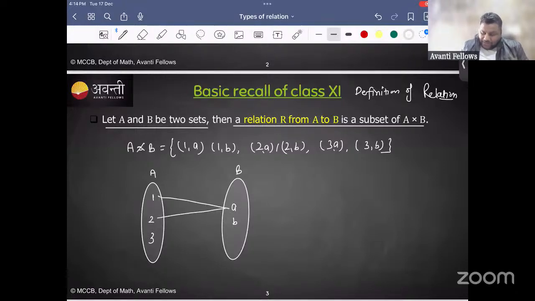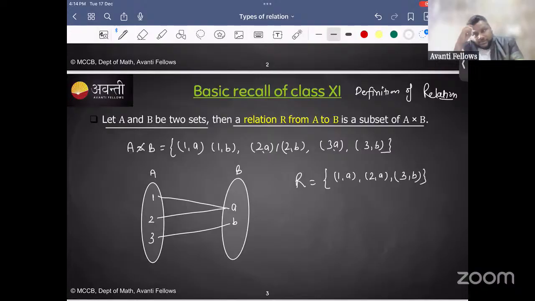So simply this is a relation from A to B. This relation can be expressed in the form of ordered pairs as (1,a), (2,a), (3,b). That's it. Got it? So any relation from A to B is a subset of A cross B.